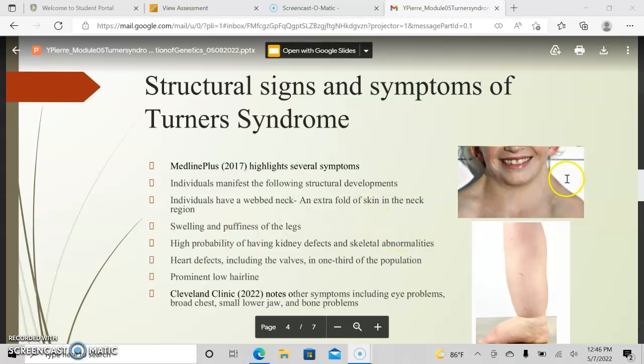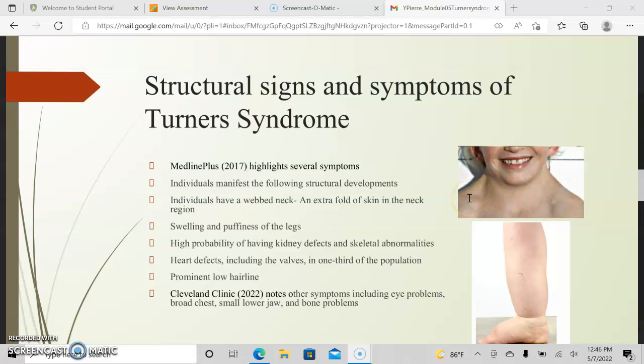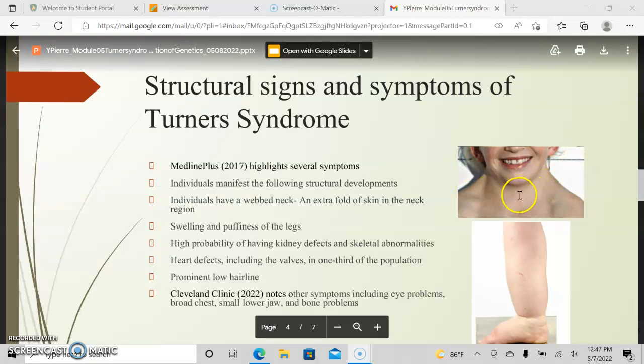Like you see, this girl's neck is different from the normal. They have a webbed neck, which entails an extra fold of skin in the neck region and swelling and puffiness. As you can see, this girl's neck is different from the way the neck is supposed to be.